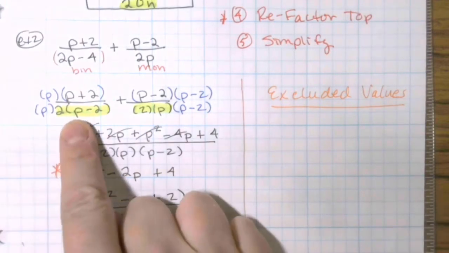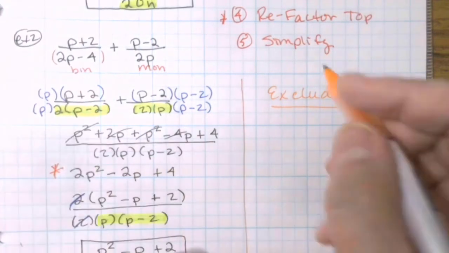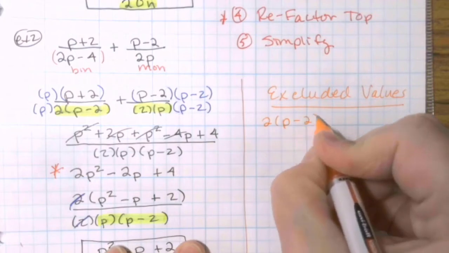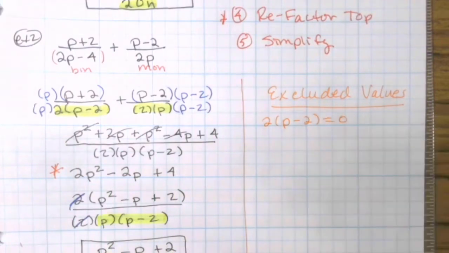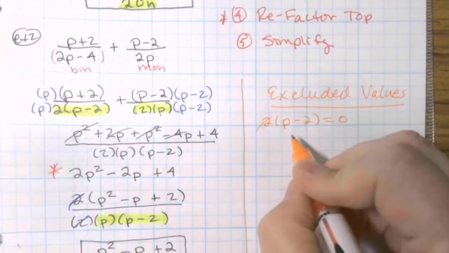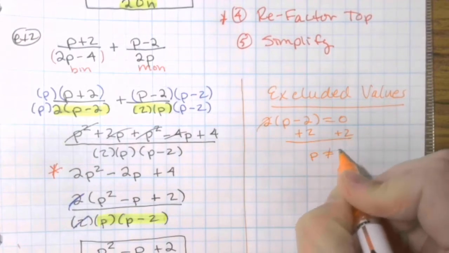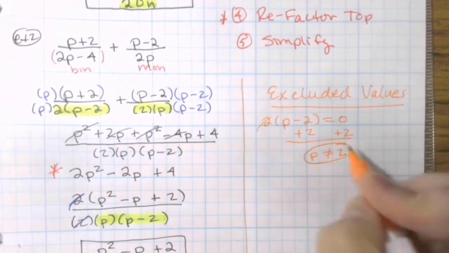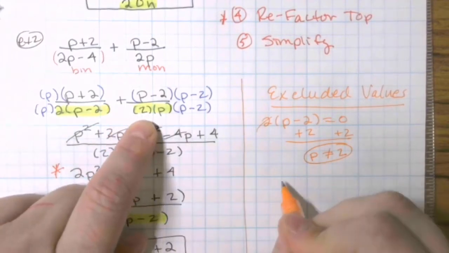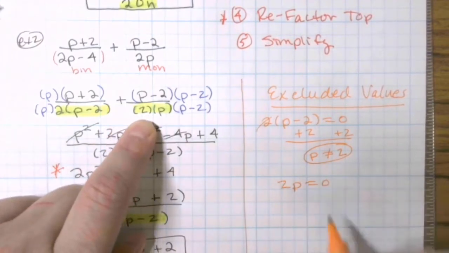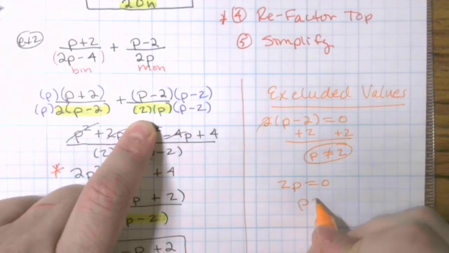Okay, so looking at this one, if I set 2 times p minus 2 equal to 0 and I solve it, the 2 won't give me anything, but the p minus 2 tells me p can't be 2. That's one. Let's do the next one. Set the bottom equal to 0, so 2p equals 0. That means p is 0.